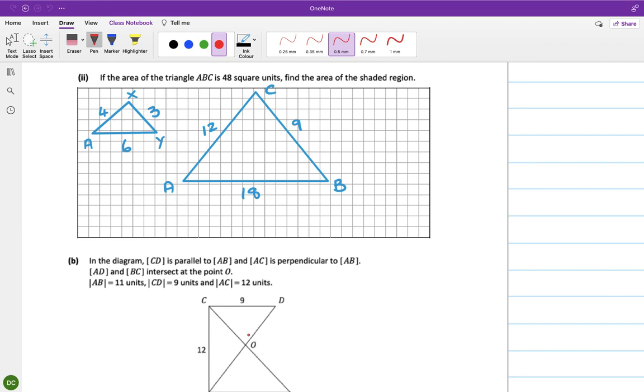Oh, is this actually like an enlargement? Because we know all the sides, so you can see that they're multiplying by 3.